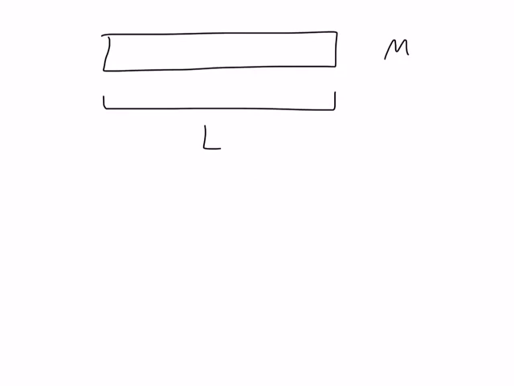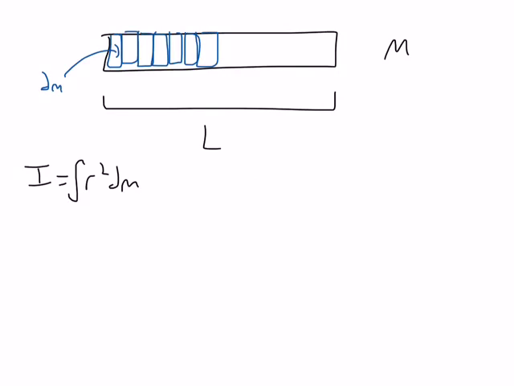So, first thing, we know definitionally our starting point: I equals the integral of r squared dm. What we need to do, in effect, is take this rod and break it up into lots and lots of tiny little chunks of mass dm.